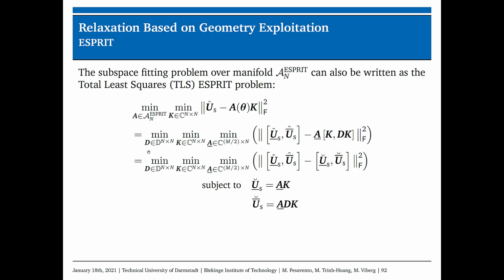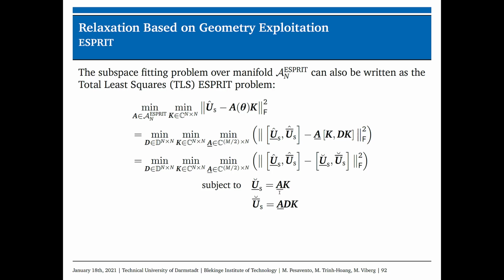To characterize the solution set of the relaxed problem, we introduce additional variables. We replace the product A underbar times K by the matrix US underbar breve, and we replace the product A underbar times D times K by US overbar breve. We can further eliminate in the two constraints the variable A underbar.